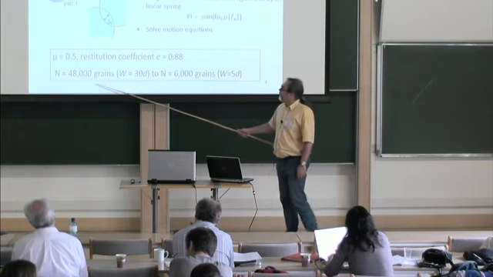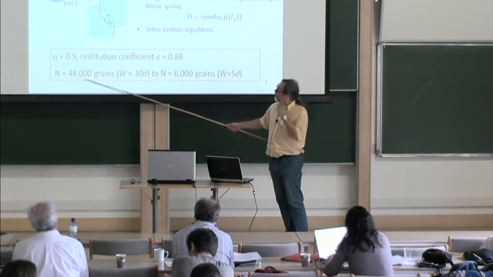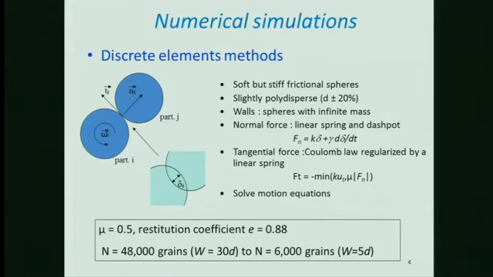The simulations are made with about 50,000 grains in the case where the width is rather large, 30 D. When the width is smaller, the number of grains is smaller too. It's not necessary to take so many grains when the width is small.